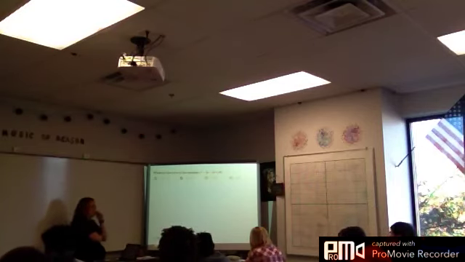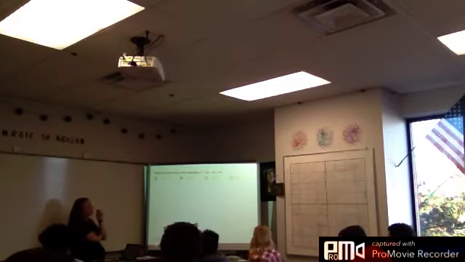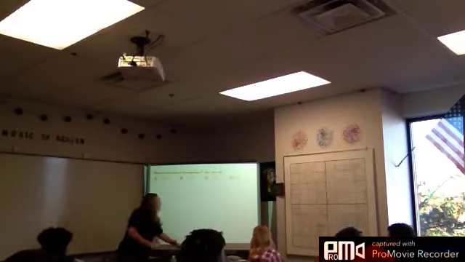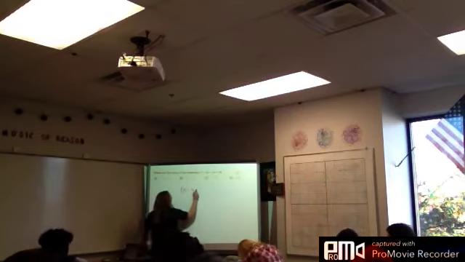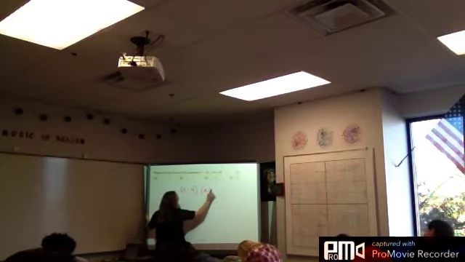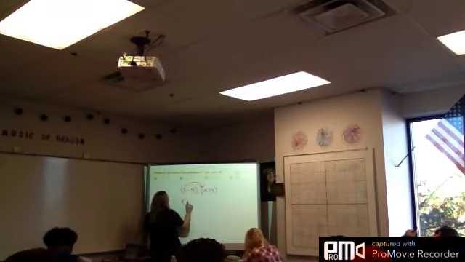If I factored this out, I would have x minus 9, and I would have x plus 4, right? So if I factored this, would you get the same thing? Yes.